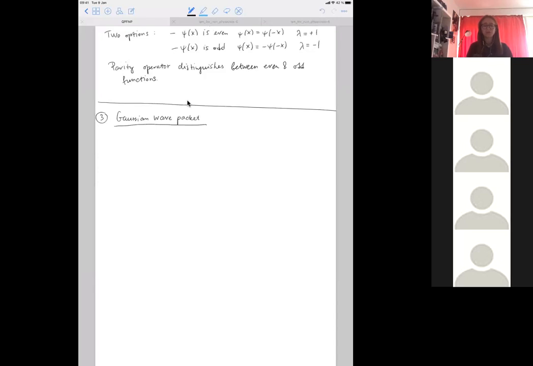We have certain conditions for the wave functions: they have to be continuous and they have to be normalized from minus infinity to infinity. However, different functions can be used to describe different wave functions.